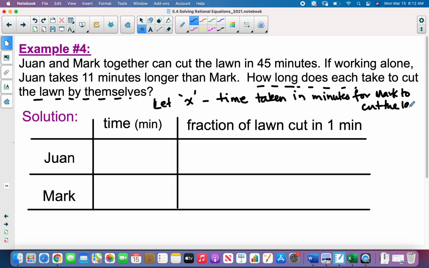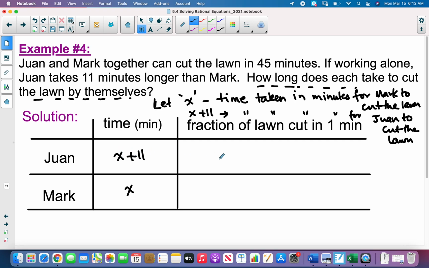So if x is the time that Mark takes, then x plus 11 would be the time taken in minutes for Juan to cut the lawn. Just using that one variable, I can represent both of their times. Mark's time in minutes is x, Juan's time is x plus 11.